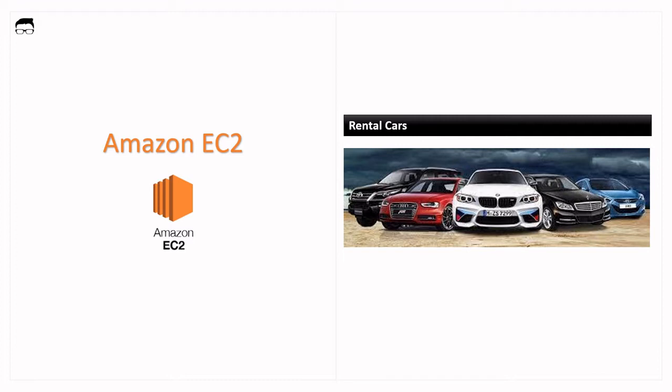Number two, you would look at the fuel efficiency of the car. So you may go for either petrol car or diesel car depending upon the fuel consumption and the economy of the fuel. Number three, you would also look at the storage space in the car. You may want to put a lot of luggage in your car. So these are some three key aspects that you would look at when renting a car.